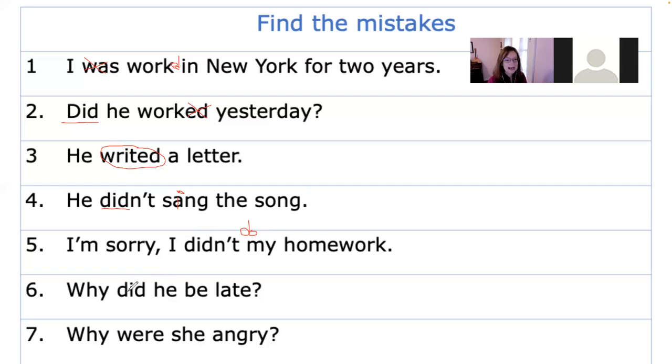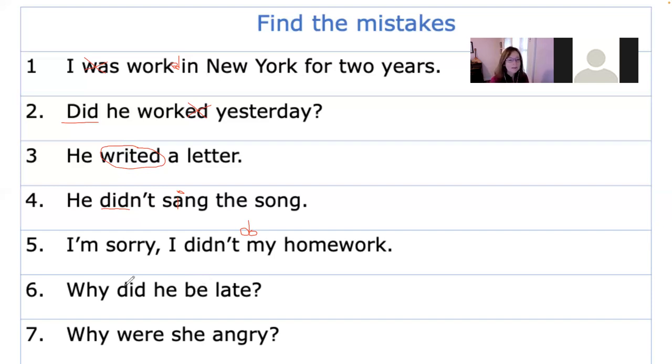Number 6, why did he be late? On this one, they're kind of getting confused with the rules. Instead of the verb be, you could say, why did he arrive late? Why did he come late? Why did he show up late?